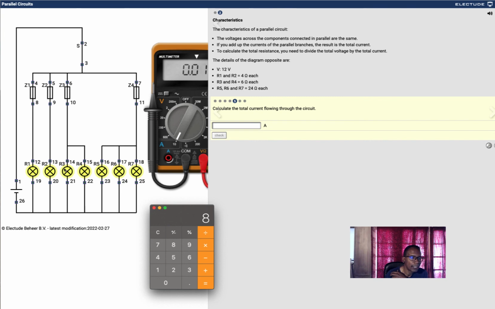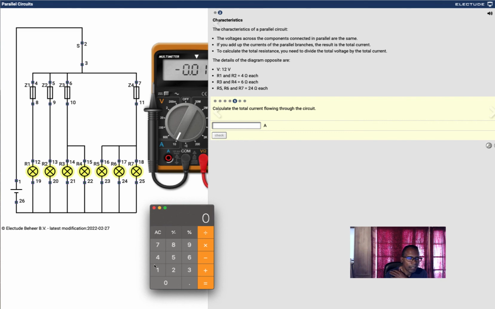Next one, R3 and R4 are 6 ohms each. So we got 12 divided by 6 is 2 amps here, and 2 amps here. So we had 3, 3, 2, and 2. Now in this one, we already know this is 1.5. We just did that one.